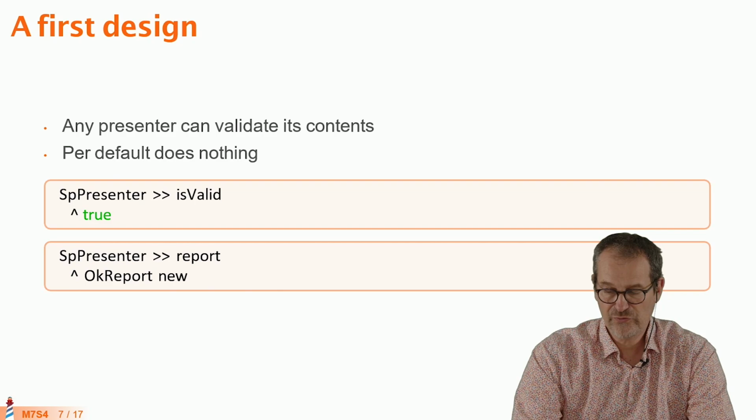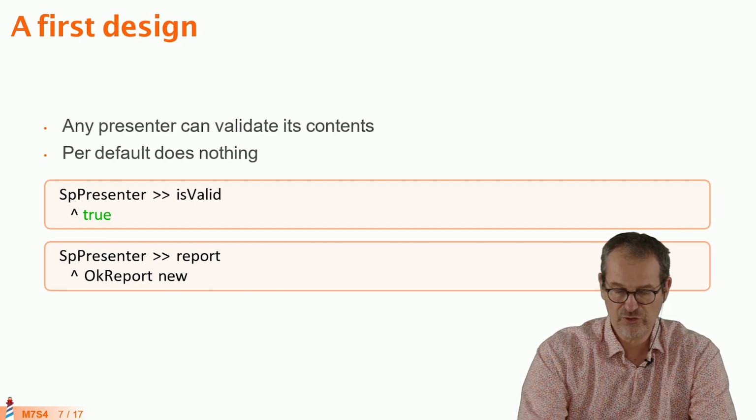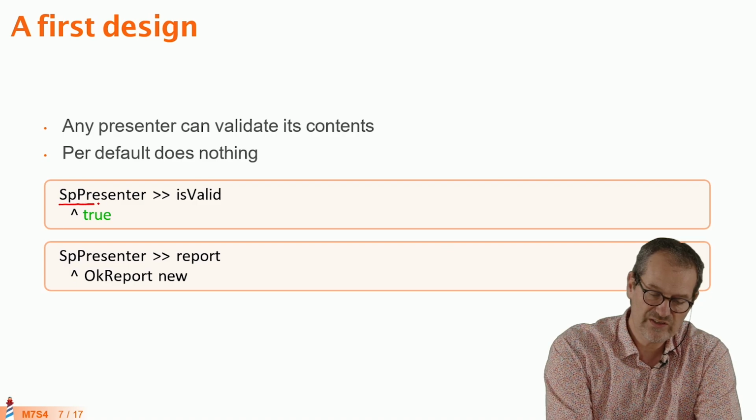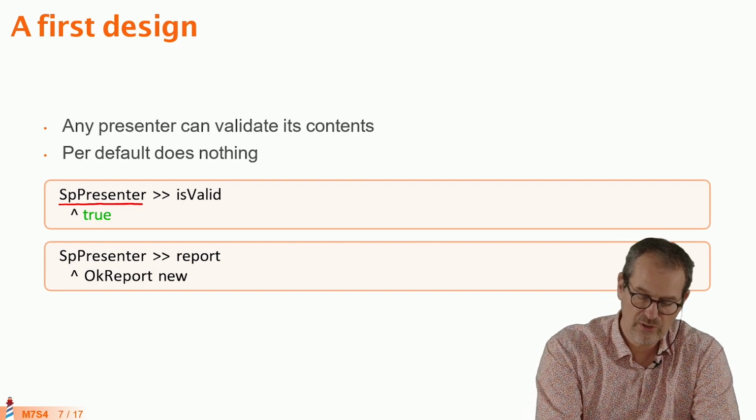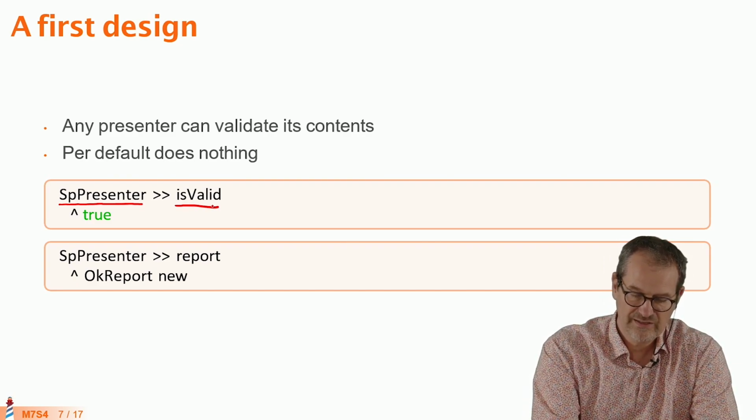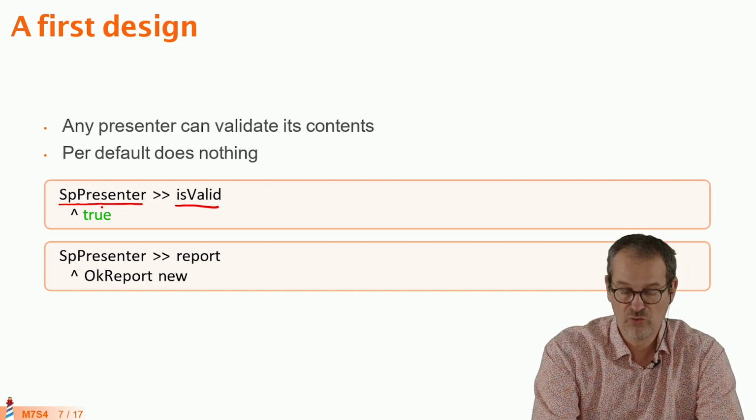Now, in a first design, we could say that any presenter, the elementary widget in the tree, can be responsible for validating its contents. So we could have, for example, a method called isValid, which by default returns true, and a report like that.